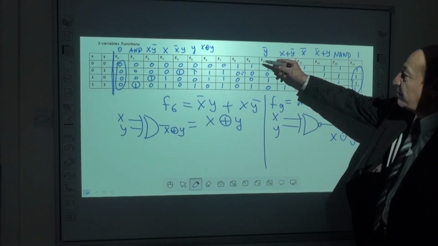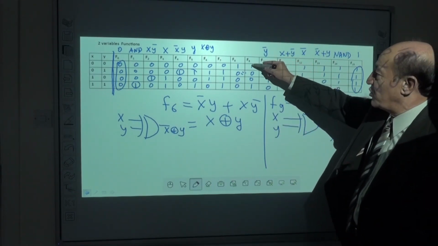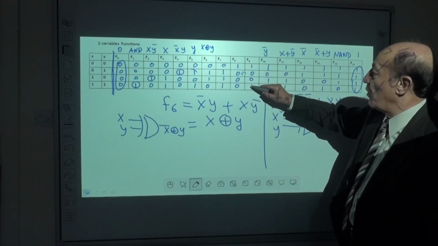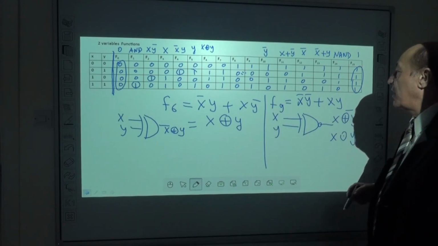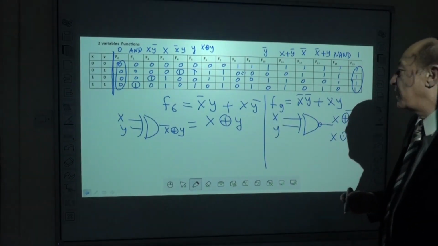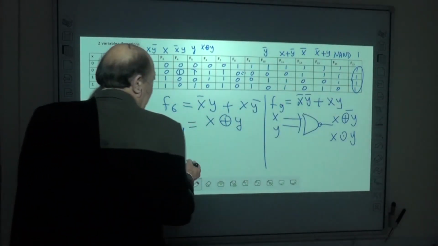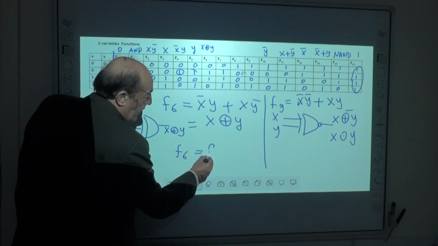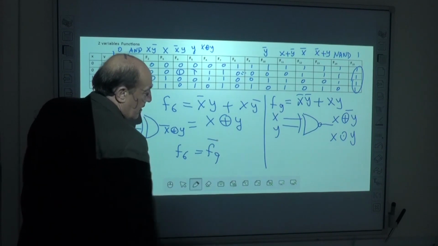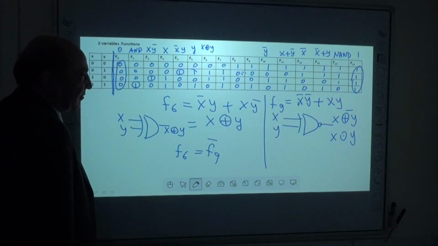If they are 0, 0, it is 1, and if they are 1, 1, it is 1. It is the complement of f6. f6 and f9 are complementary.